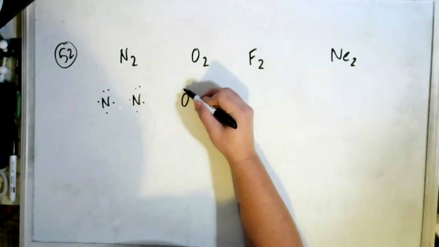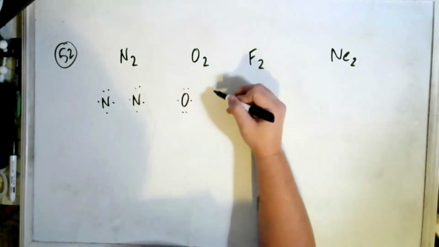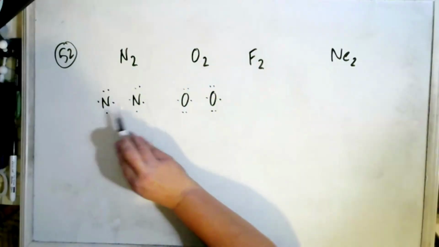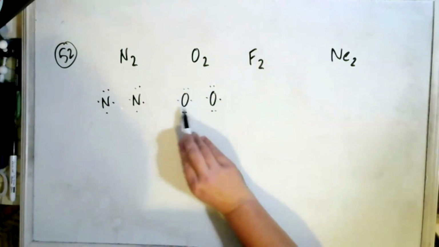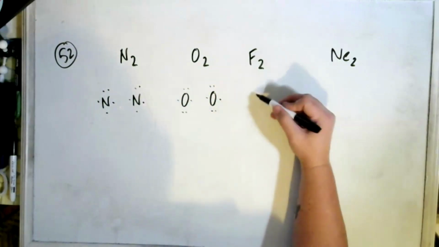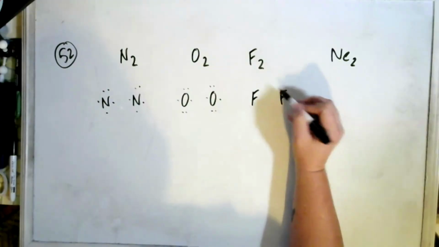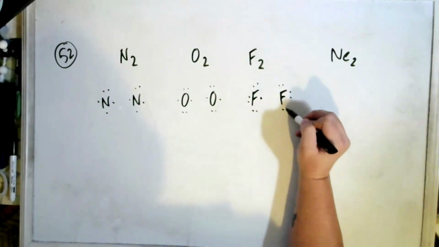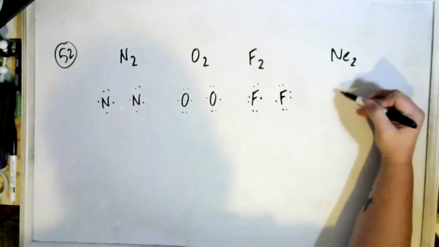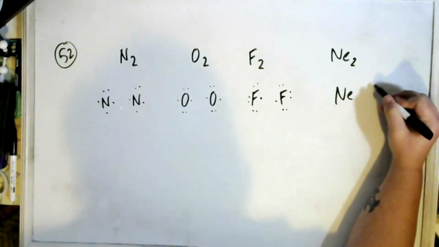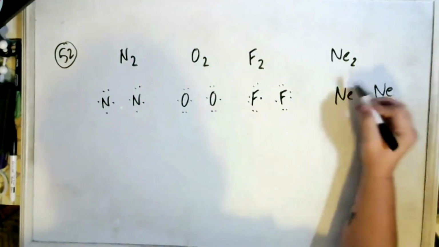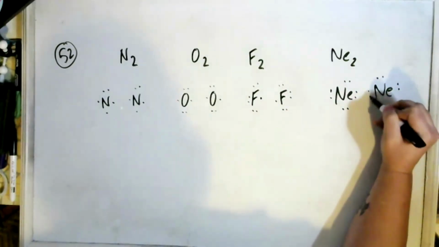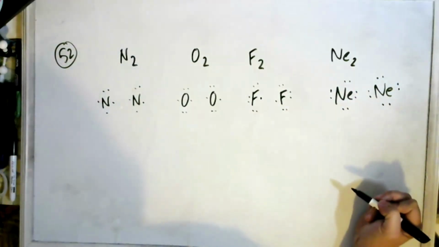When we look at the 2 oxygens, each nitrogen has 5 valence electrons. Each oxygen has 6 valence electrons. Each fluorine is going to have 7 valence electrons. And here they're giving us this formula Ne2. Well, neon is a noble gas, right? So that means that neon already has 8 electrons.